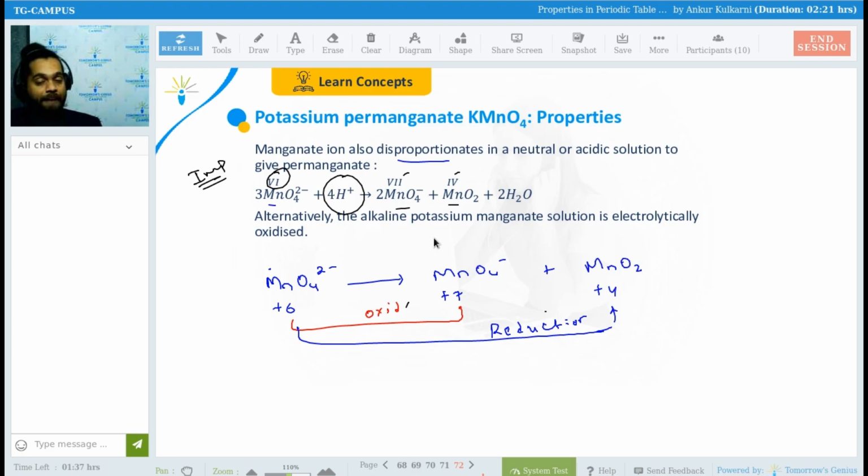So yeah, manganate, if you put it in acid, undergoes a disproportionation reaction and gives you MnO4 minus and MnO2. So let us go ahead now.